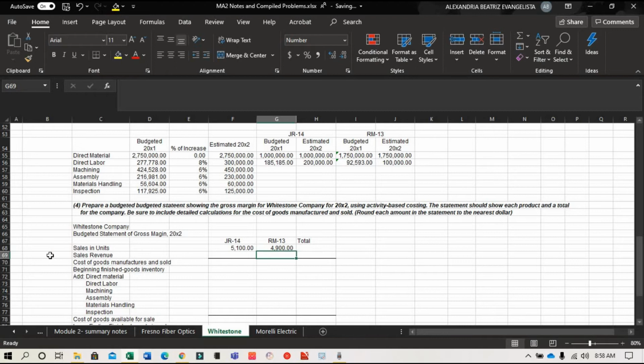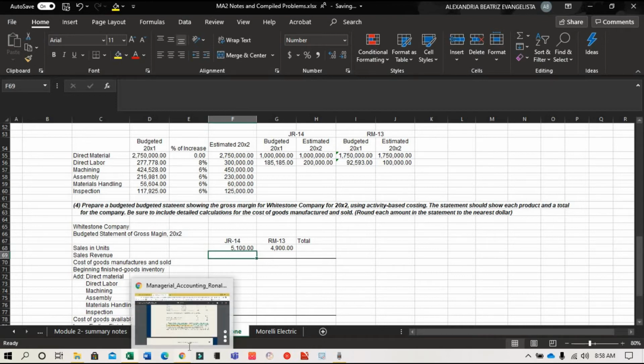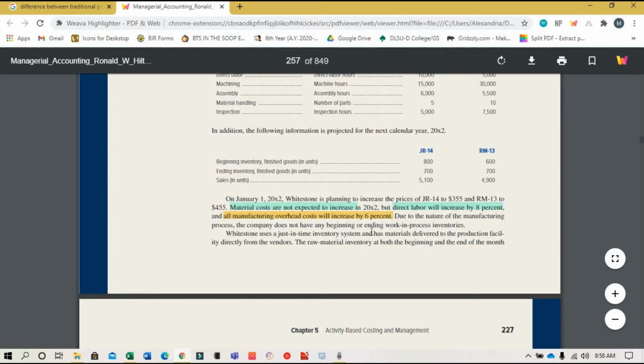So for sales revenue, again, let's go back to the problem. It is said that Whitestone is planning to increase the prices of JR14 to $355 and RM13 to $455.